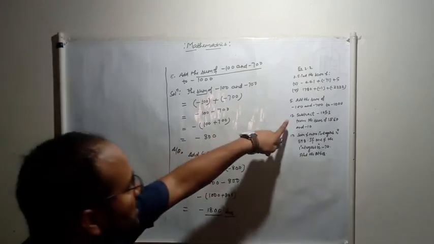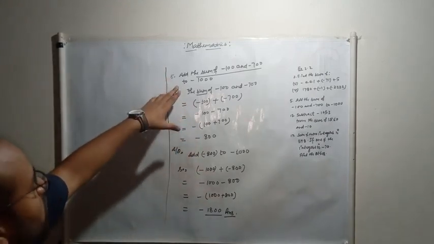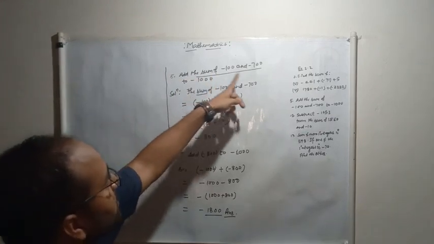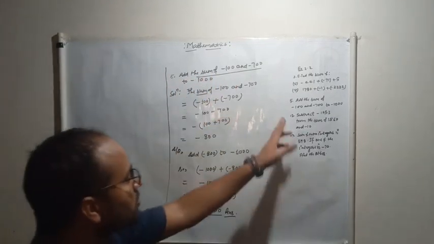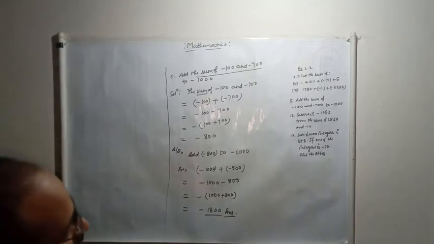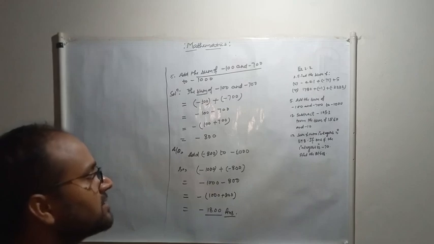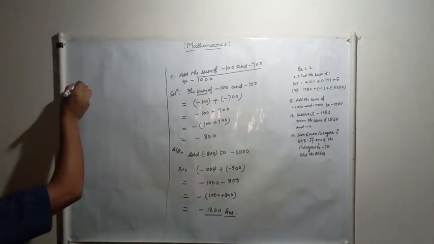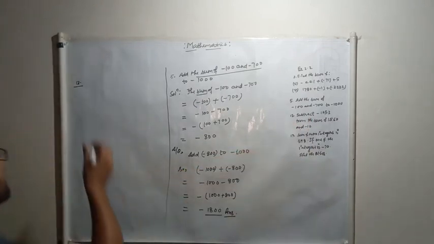Now question number 13. Any problem, students? If you get one more question, question number 6 is also the same as it is. First find the sum of these two and then add the third number. Question number 13: Subtract minus 1053 from the sum of 1560 and minus 10. So question number 13, subtract, that is your question.